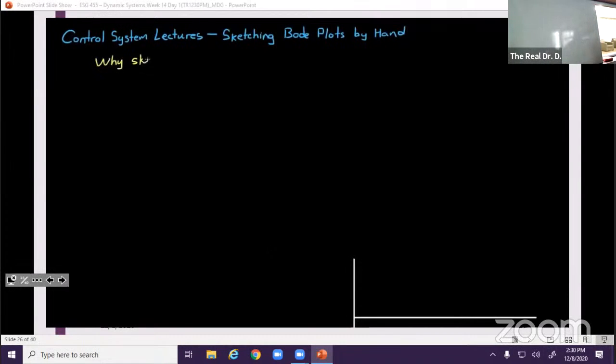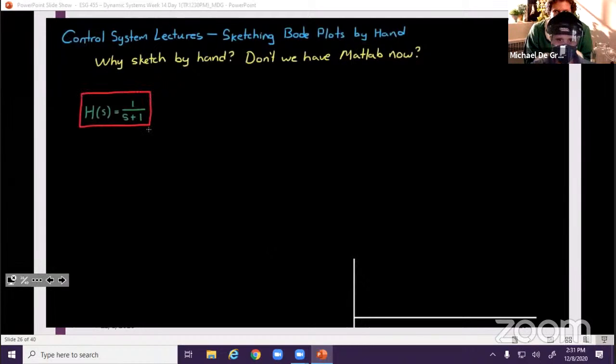Now you might be asking yourself, why do we need to learn how to sketch Bode plots by hand when we have computer programs such as MATLAB that can generate a Bode plot with the touch of a button? I've been a controls engineer for over 10 years now, and to be honest, I very rarely ever had to sketch a Bode plot by hand. But while you might never actually need to do this, there are still at least two compelling reasons to learn this skill.